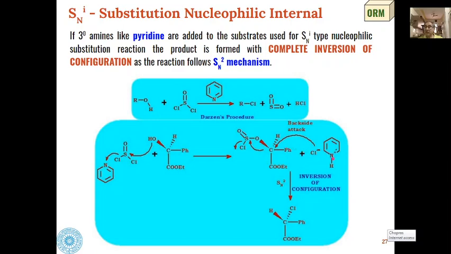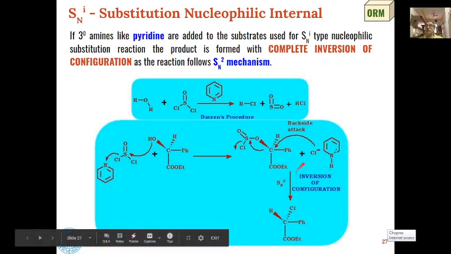So here the halogen from this pyridinium hydrochloride is transferred from the back side of the molecule, and this goes to this place, and this halogen is removed. Because the attack is taking place from the back side of the molecule, the product is formed with inversion of configuration.